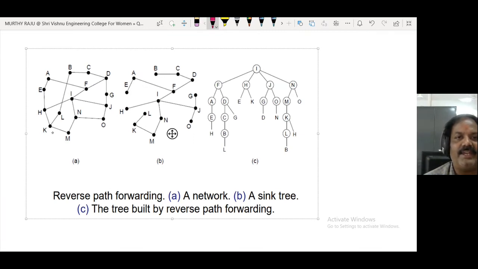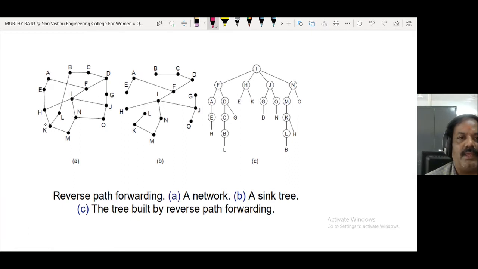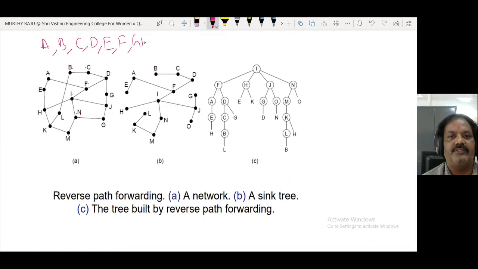This figure indicates a subnet or a network consisting of routers A, B, C, D, E, F, G, H, I, J, K, L, M, and N, numbered 1 to 14.